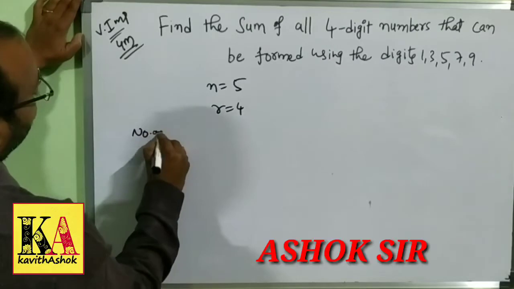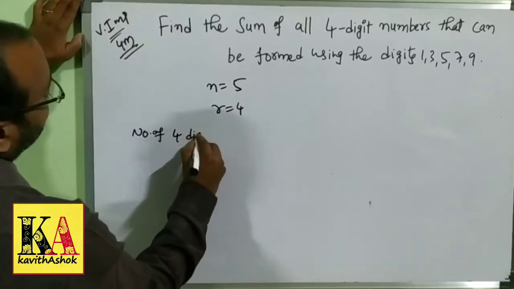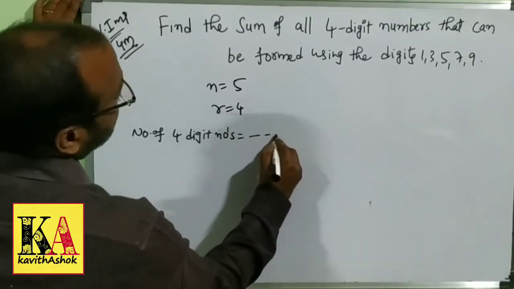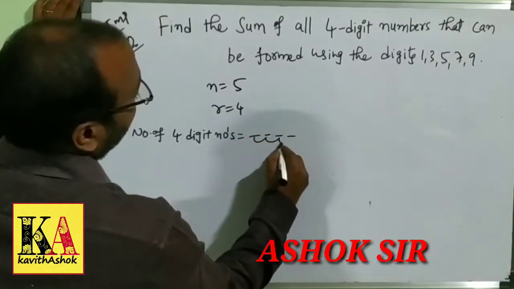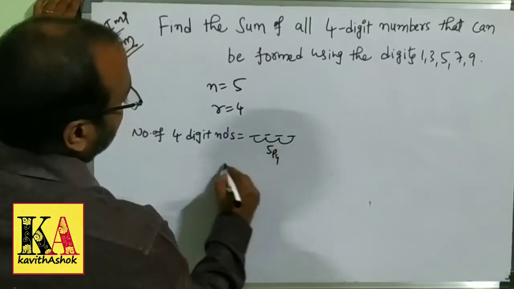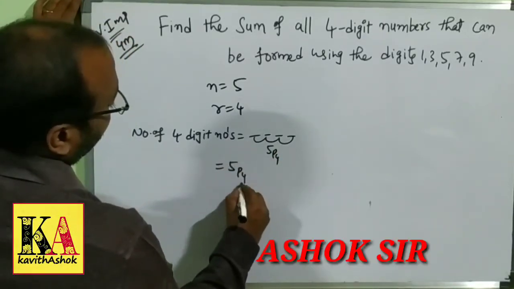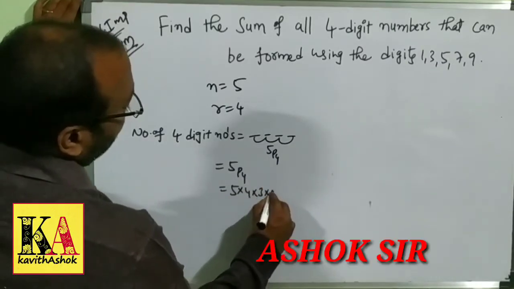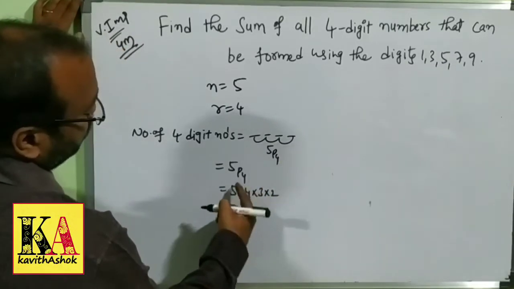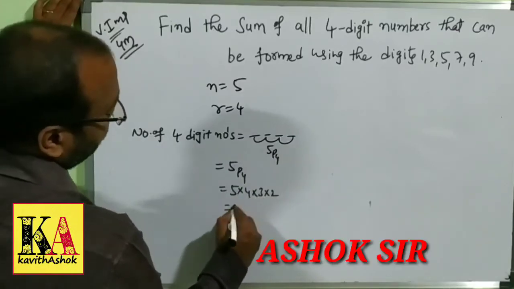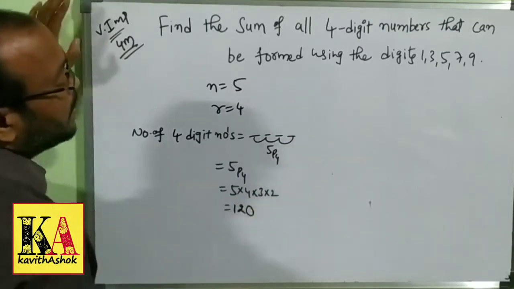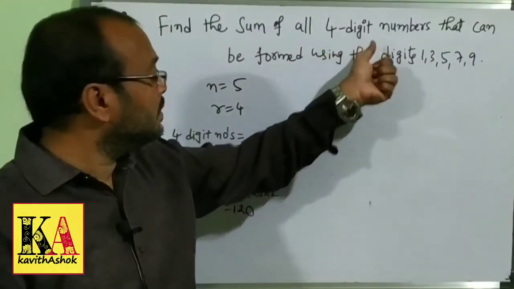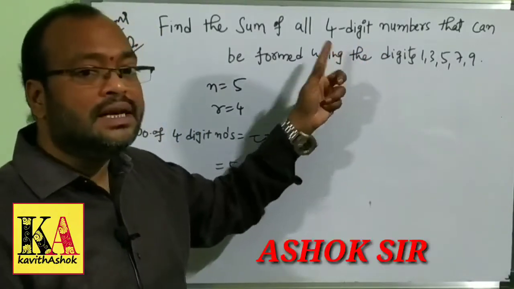Number of 4-digit numbers: 4 places are there, 5 numbers are there, we will fill up in 5P4 ways. 5P4 means starting with 5: 5 into 4 into 3 into 2, which is 20, 60, 120. By using the given 5 numbers, we will construct 120 4-digit numbers.